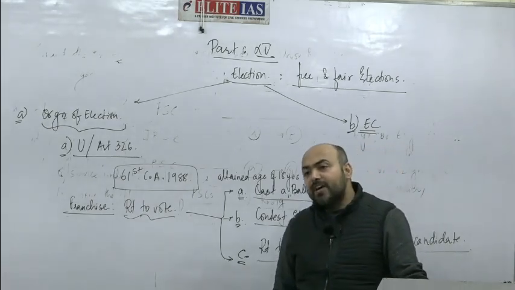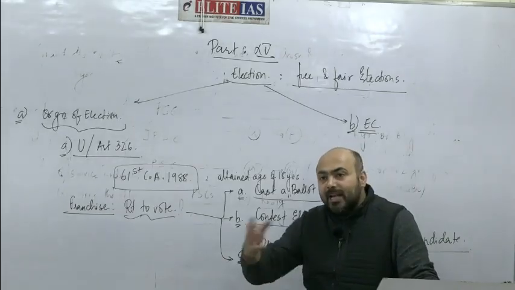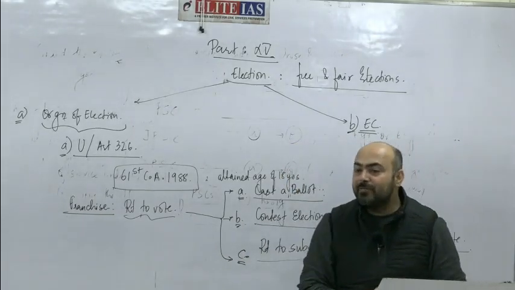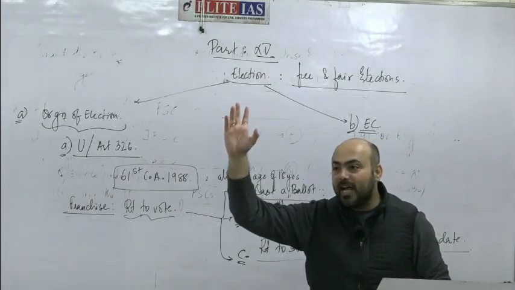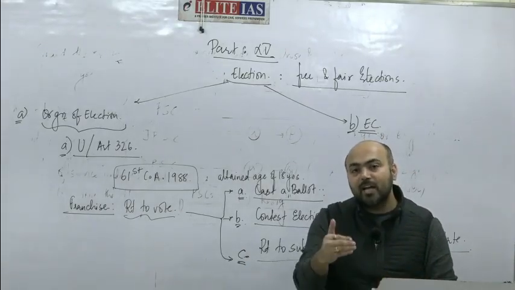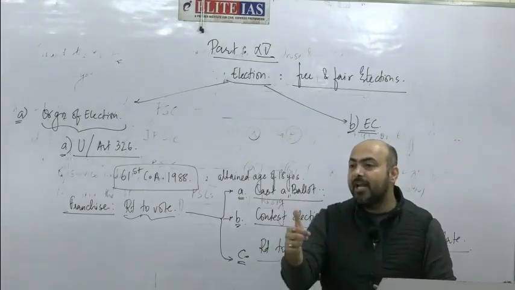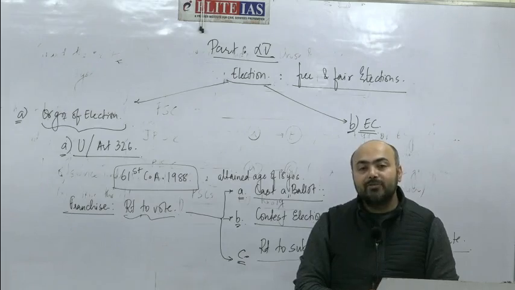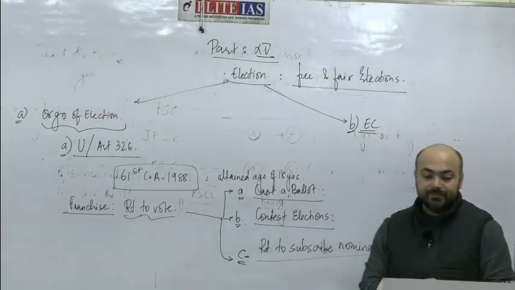So in India, you will find that the laws enacted to regulate elections are being made by the parliament. We have talked about the Representation of People's Act, that is an example of it. We have also talked about the anti-defection law, who will be disqualified, etc. So they are all regulating the mechanism of elections and representation in India, so the authority to make such laws lies with the parliament. Next, Article 328.